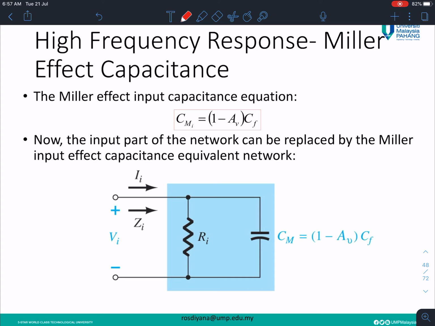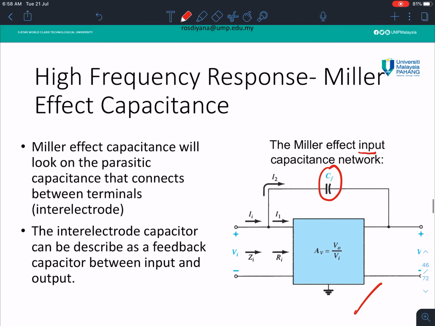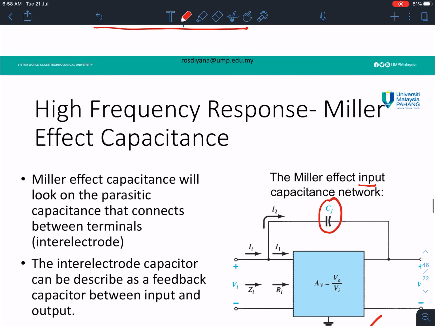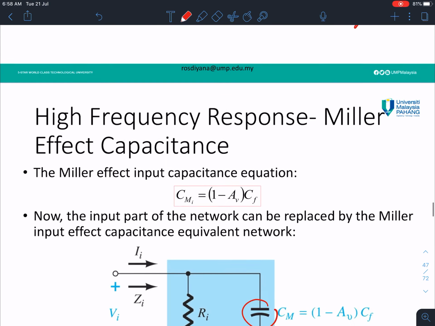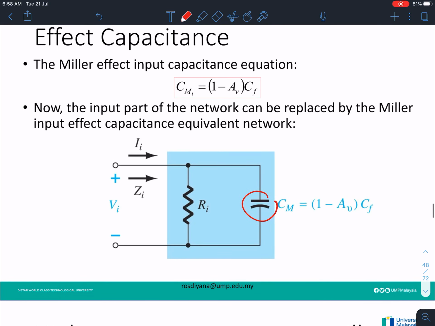Now the input part of the network can be replaced by the Miller input effect capacitance equivalent network. So it becomes like this. This capacitor now becomes like this. So the formula is this one. You can remember this formula for CM in.